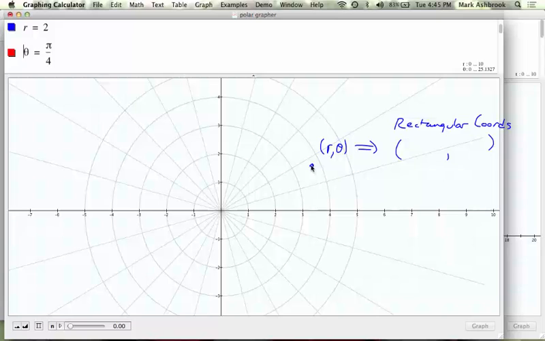So given any point in the polar plane r, theta, what would be the corresponding rectangular coordinates that would give you that same point? Okay, and then likewise, here's the point, say x, y. How do I write that in polar coordinates?